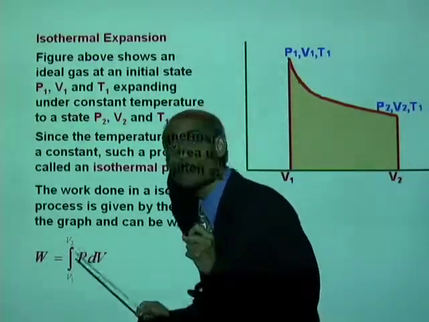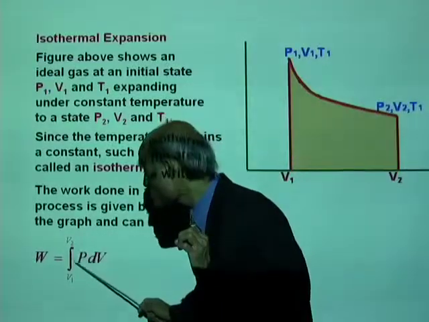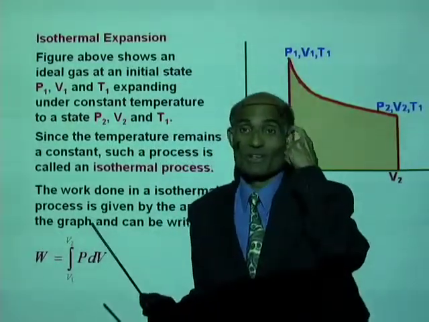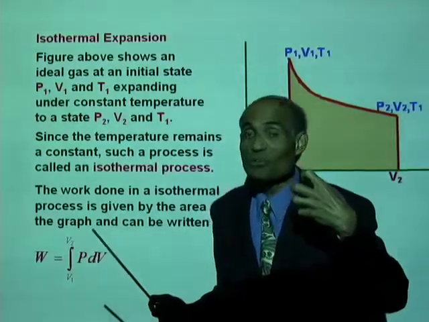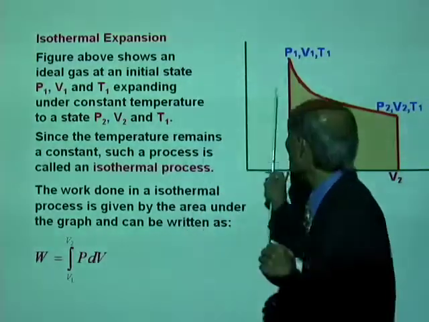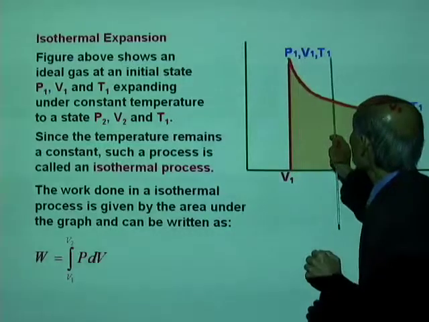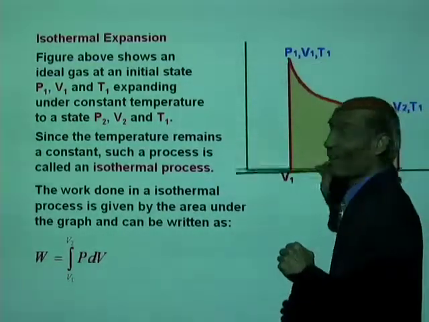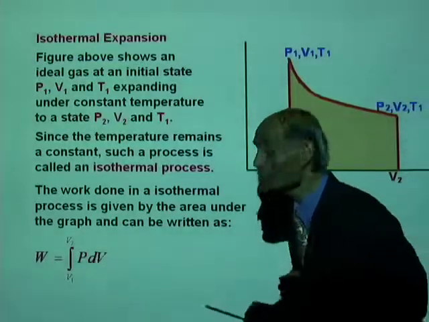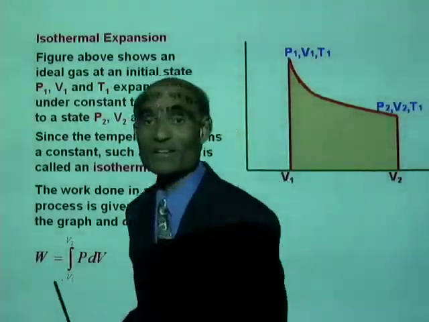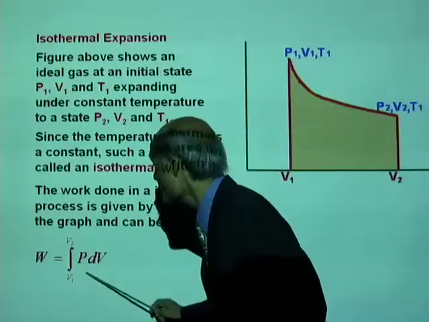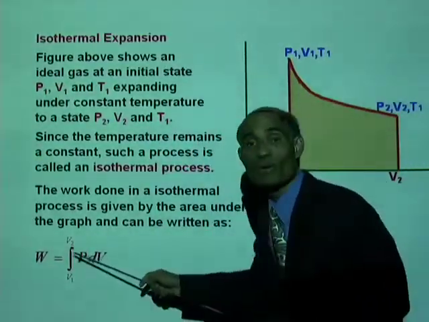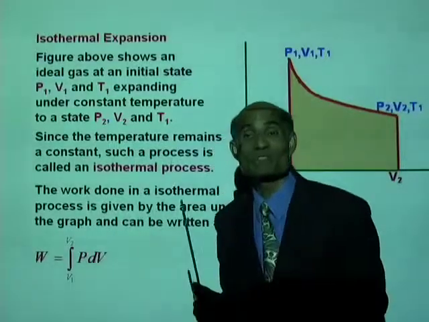In the previous case, we considered the pressure remaining a constant, isobaric process. When the process is isobaric, the pressure remains a constant, that line will be a straight line. So you don't need calculus to measure that area. But in this case, you need to use calculus because pressure now is a variable. Volume is a variable and pressure also is a variable.